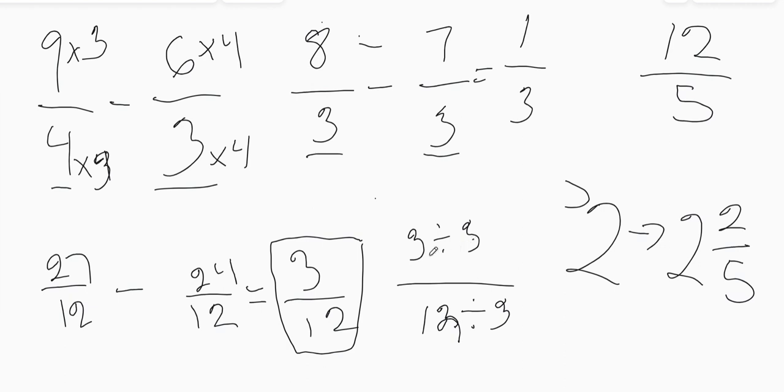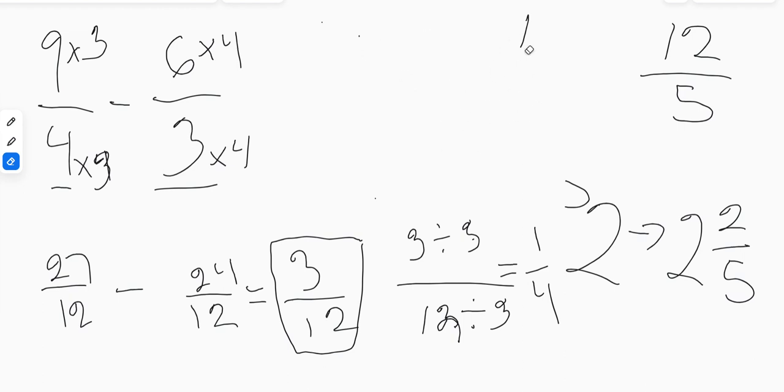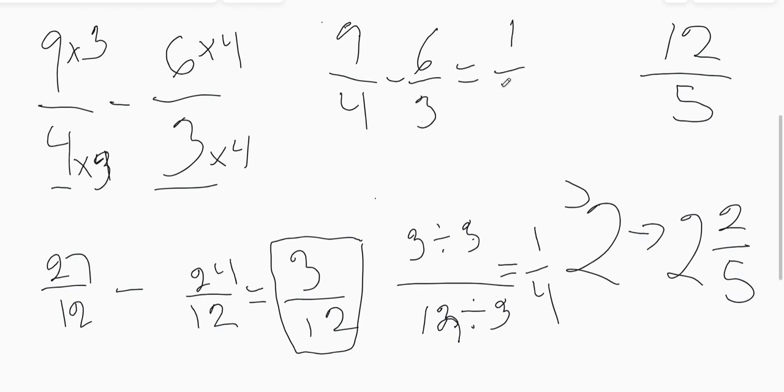So whatever you do to the top, you do to the bottom, which means that this can be reduced to 1/4. So ironically, if we make a little bit more room here for this, you can get a test question where 9/4 minus 6/3 can equal 1/4. And that's all we have for today.